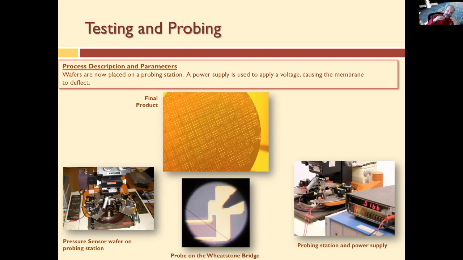The reason you see it flex is if you put enough voltage on it, these Wheatstone bridge resistors actually act as a heater and will heat up the membrane, so it wants to expand, and you can actually make it an actuator. So not only is it a sensor, but you can also use it as an actuator, as a pump, right? Flexible pump.